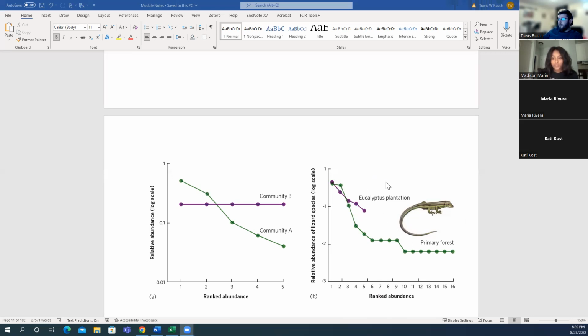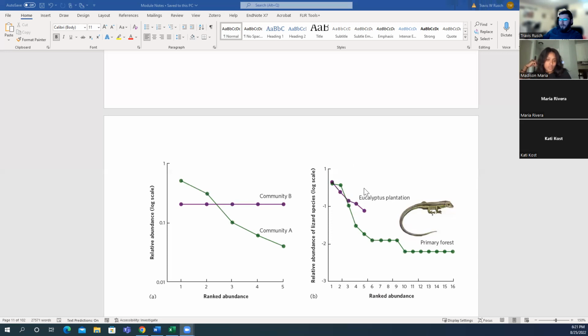But which one has greater evenness in community B? The one table A. What do you mean by table A? You said which one in community B has greater evenness? Yeah, the eucalyptus or the primary forest. Oh, the primary forest.